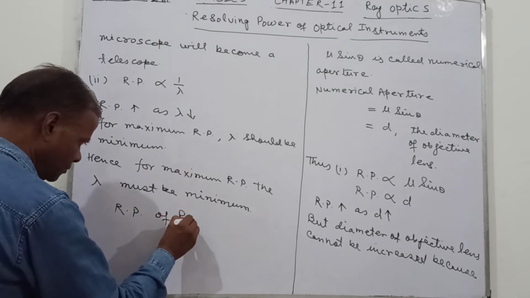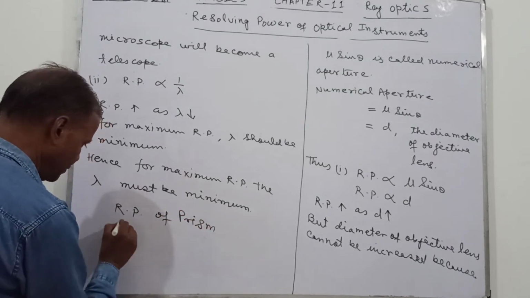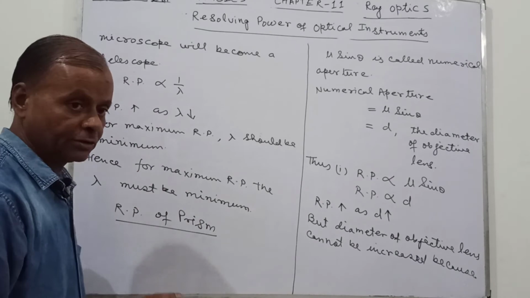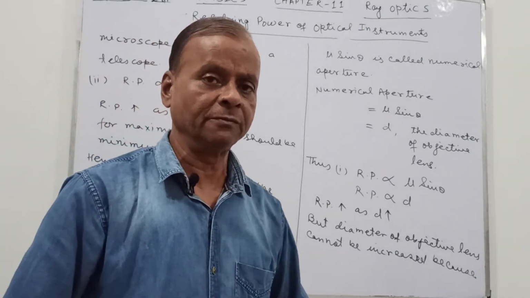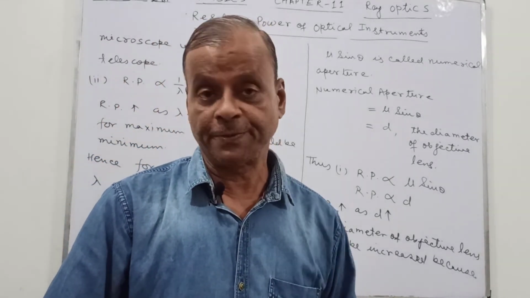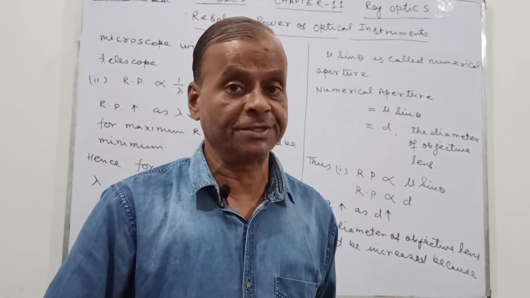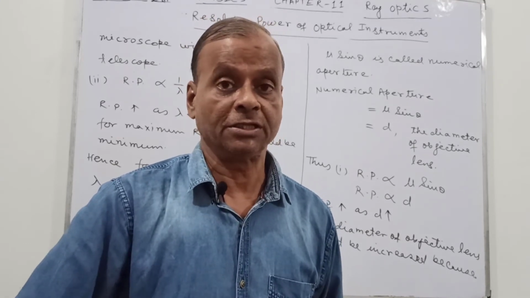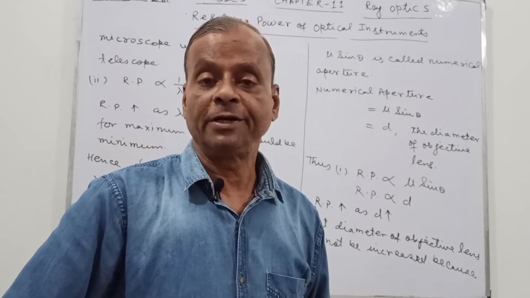Resolving power of prism. As you know, when white light is passed through the prism, it is dispersed into the 7 colors, or it splits into the 7 colors. So this is giving you the electromagnetic spectrum.